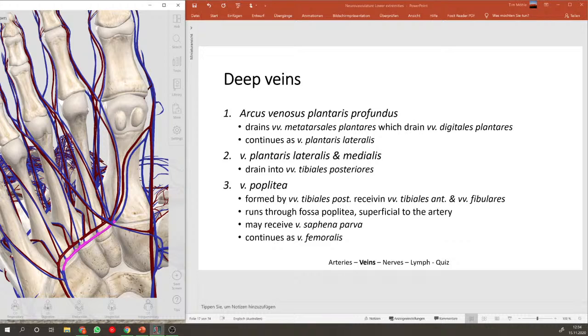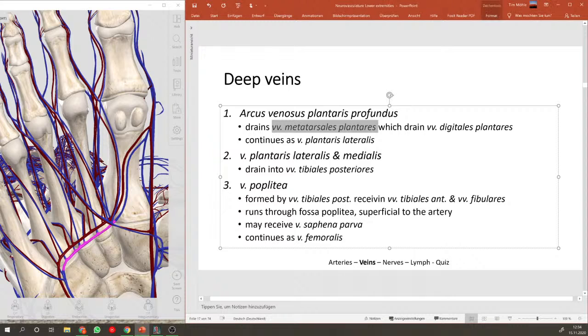So therefore, also vena metatarsalis plantaris, so plantar metatarsal veins, will be drained by this venous arch. And vena metatarsalis plantaris itself will drain vena digitalis plantaris, again just opposite to the arteries.